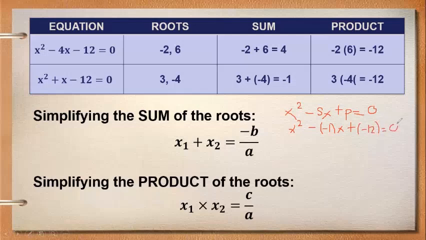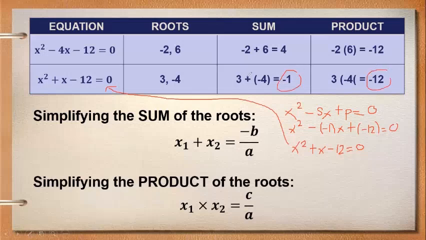So from there, we simplify that. That is x squared. Negative times negative is positive 1, so that is x. Then positive times negative is -12 is equal to 0. So we now have the same as the given equation. We just used the sum and the product of the roots.